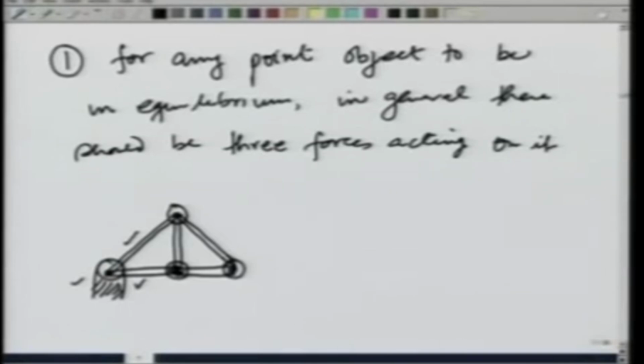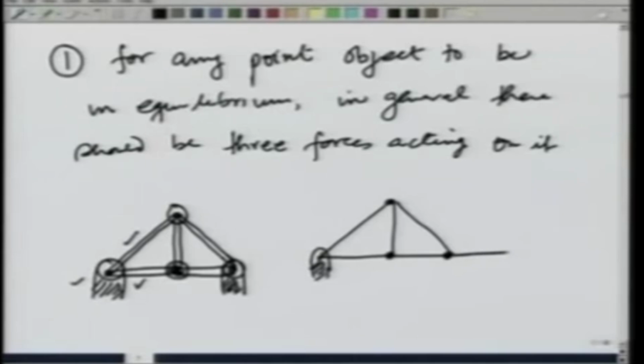I have 2 choices, either provide a full support here, or another choice, and I will make it in a simple manner now, 1 joint here, 1 joint here, 1 joint here. This is a fixed joint. Here I earlier provided a fixed joint, but now I will put another rod here, another member, and make a fixed joint here.